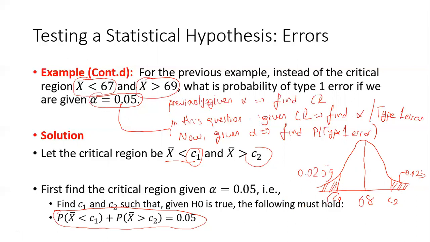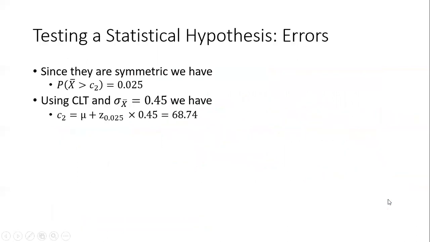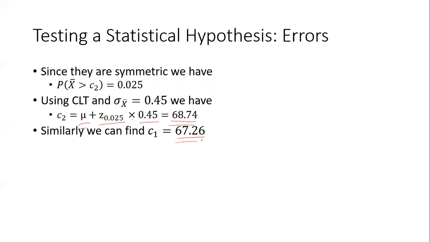So first find C1 and C2. Remember from our previous arguments, you can find C2 as mu plus Z sub 0.025 times the sigma of x bar, which is equal to 68.74. Similarly, you can also find C1, which is 67.26.